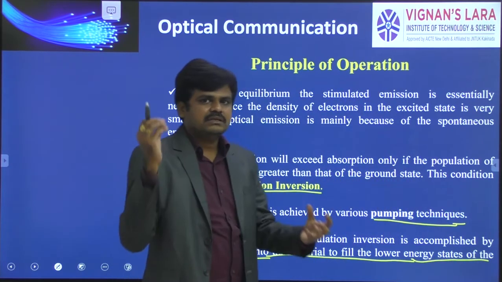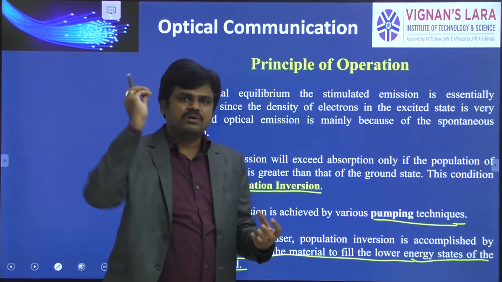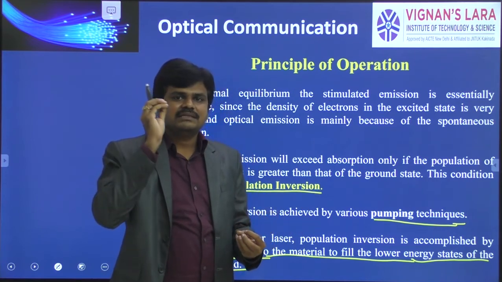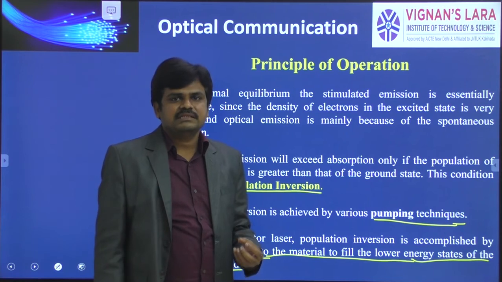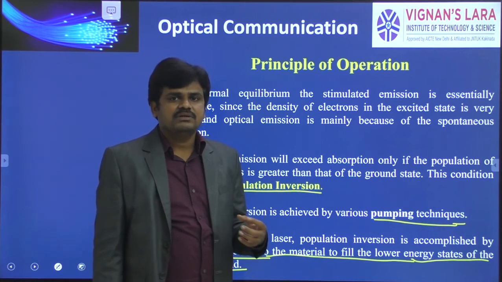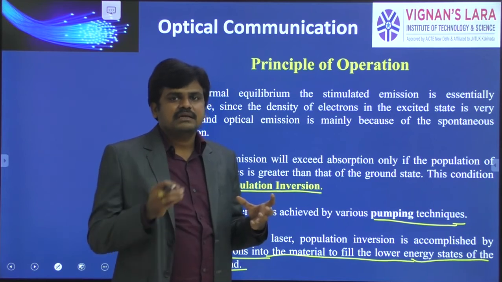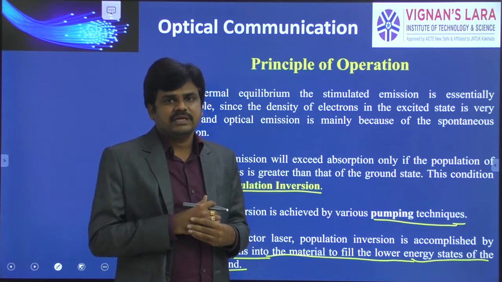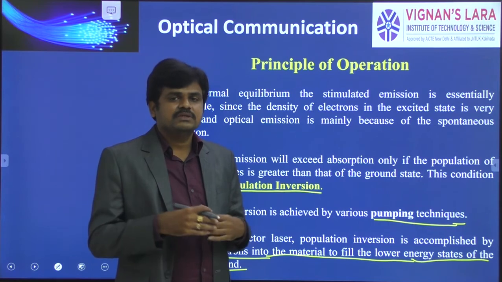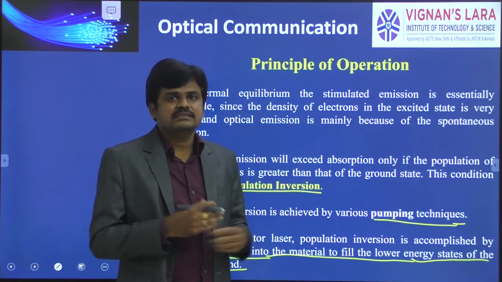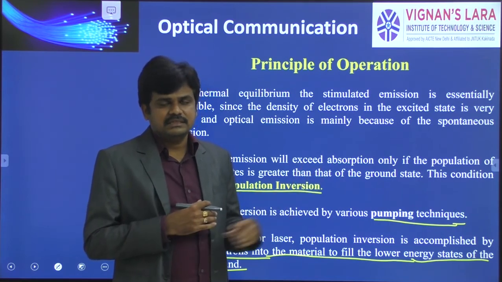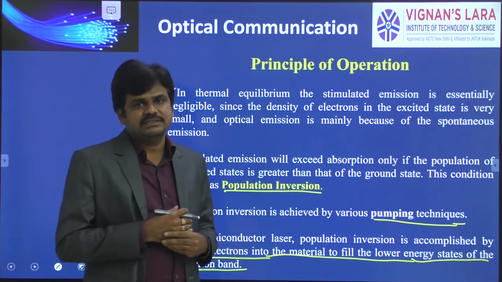Externally, you are injecting more electrons into the conduction band of the material. That is the reason this population inversion condition is achieved. That is how the population inversion is achieved.